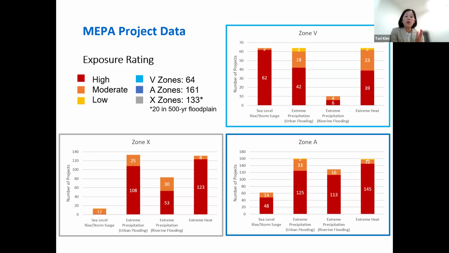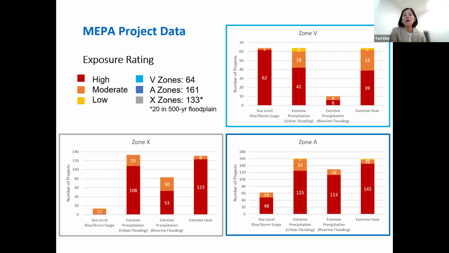So V zone at the top are the coastal areas. A zone are the 100-year floodplain. X zone are all areas outside the 100-year floodplain. So for the coastal areas, no surprises there. As you see in the left bar, almost all of those projects, 64 projects, 62 of them came back high risk for sea level rise. So I think that's not a big surprise.